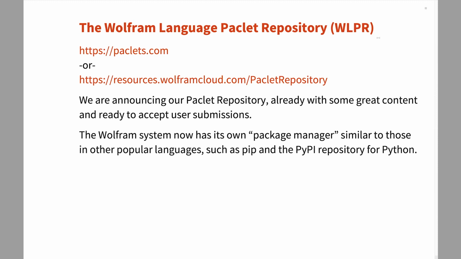And if you've used those things, you know how great they are, and how important it is to the growth of the language to have a single repository where people contribute all sorts of things, and a tool that's built into the system that knows how to get things from that repository. That is very important for the growth of a language, and we're very happy that we actually have this now for the Wolfram system.